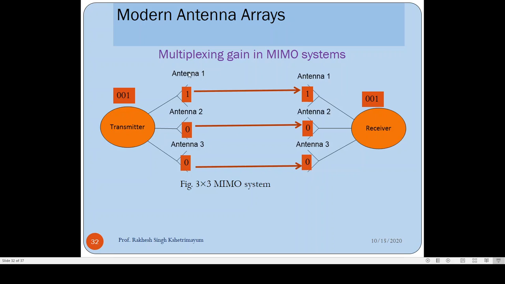Even if we have multiple antennas at the transmitter, I want the signals going from antenna 1, antenna 2, antenna 3 to be completely independent. Then only is whatever explanation I have done successful. So we want minimum interaction of antennas 1, 2 and 3 at the transmitter as well as the receiver. In the ideal case, they should be independent. Then only will we have that rate gain.